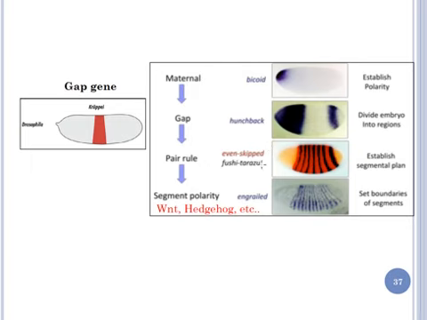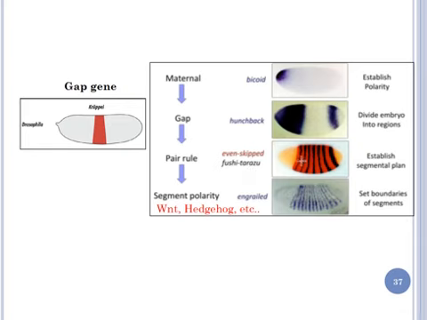Another pair rule gene is called fushi tarazu. It's called this because it was discovered by a Japanese biologist, who discovered the pattern of this gene, and they named it fushi tarazu.